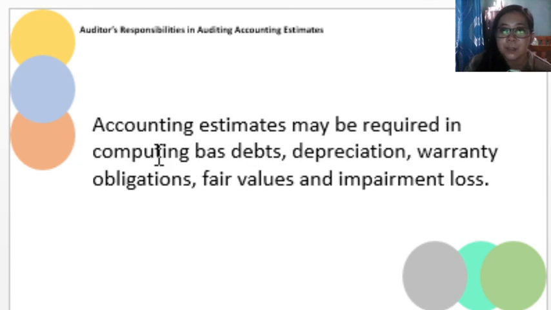Accounting estimates also may be required in computing bad debts, depreciation, warranty obligations, fair values, and impairment loss. So these are examples of the accounts where accounting estimates are applied.